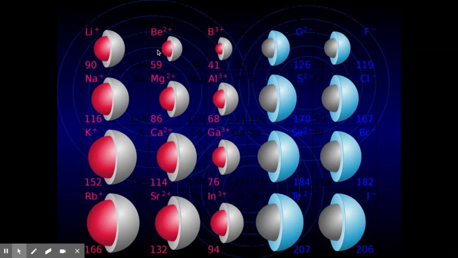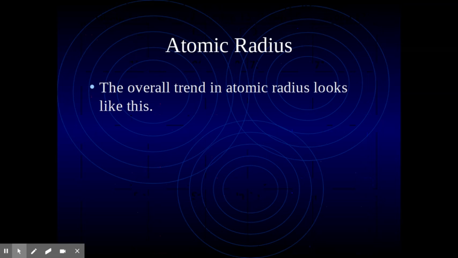And then, well, we'll go on from there. This isn't the best picture because it's talking about ions, but just to give you an idea, these two are going to be pulled a little bit tighter. And then when you go over to the P block and you hit boron, well, you've kind of added a P in there. That P orbital might make it increase a little bit.